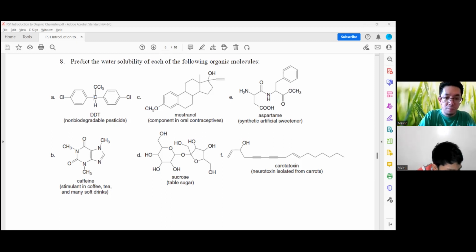Okay, DDT, definitely, alam ko na po kung ano yan. Table sugar, definitely soluble po. Yes. I-annotate mo na lang yung answer mo.